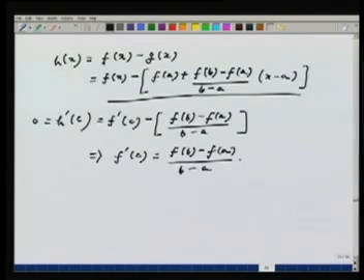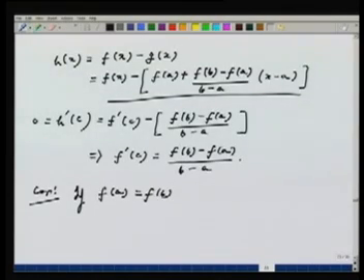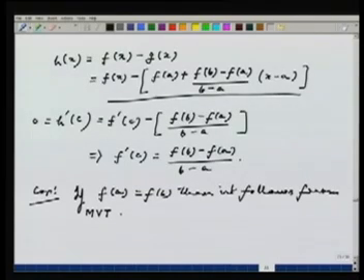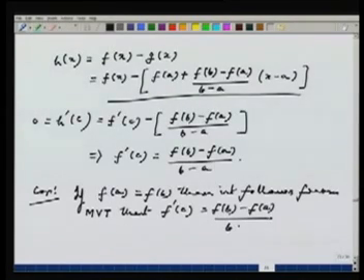Now I said that this is a generalization of Rolle's theorem. It is actually in the following sense. If f(a) is equal to f(b), then it follows from the mean value theorem, which I will denote by MVT, that f prime c equals (f(b) minus f(a))/(b minus a), which is equal to 0, which is Rolle's theorem.